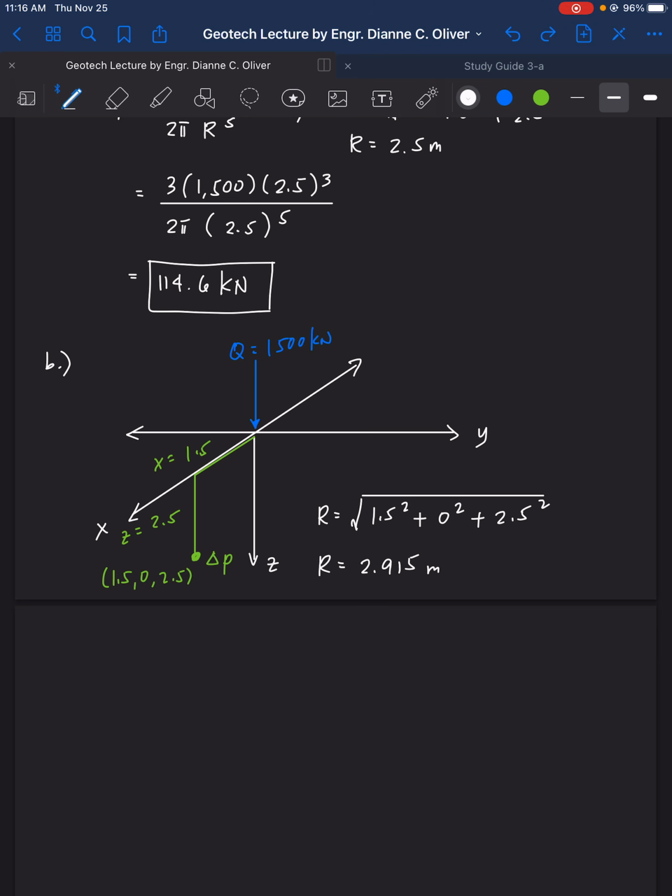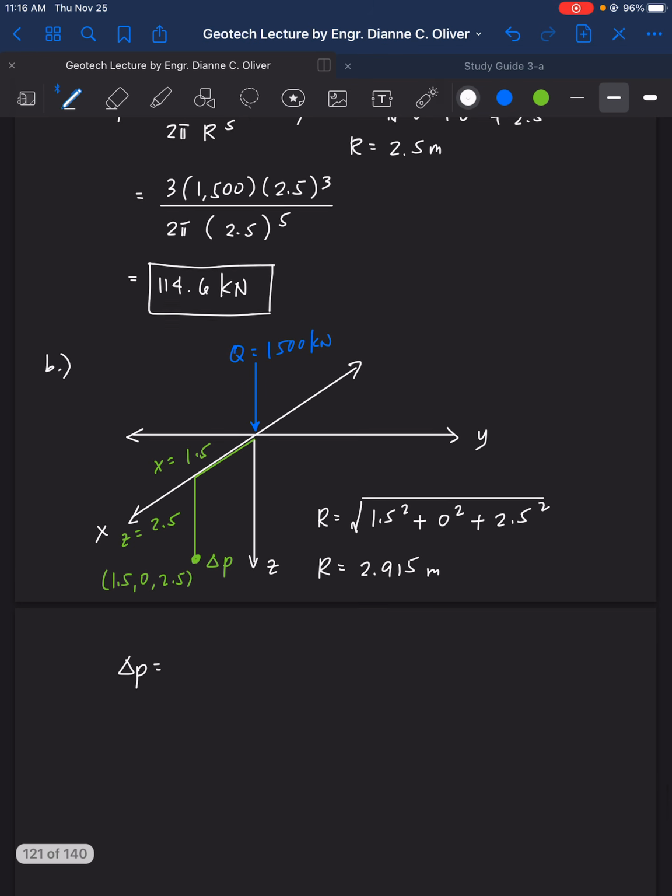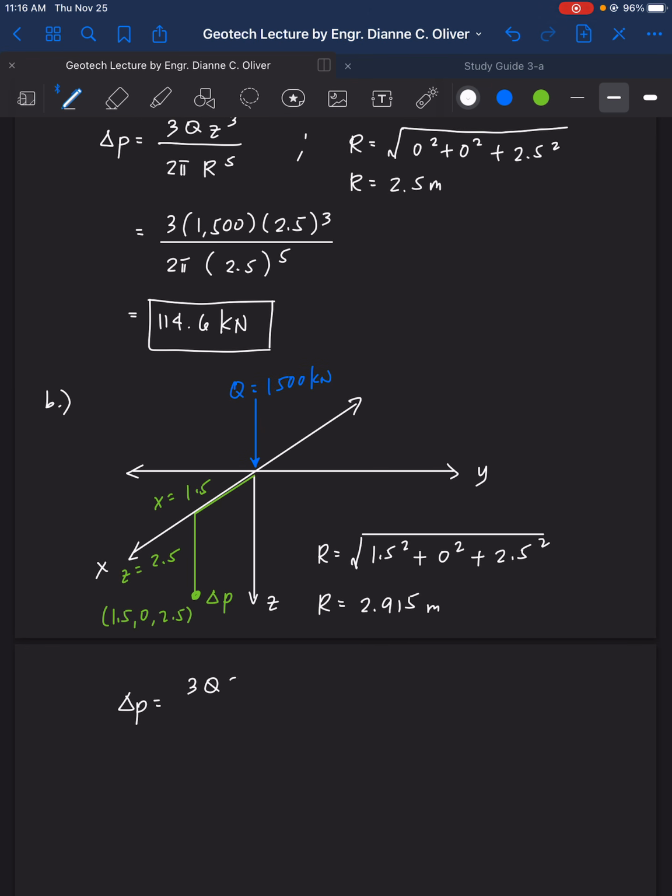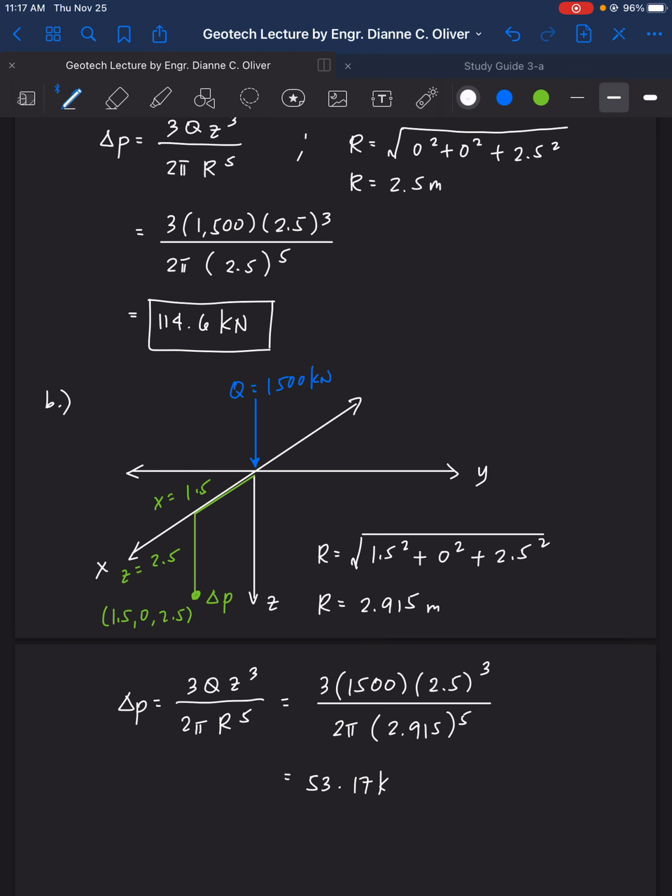Therefore, our delta P is now equal to, again, the formula is 3qz cubed over 2 pi R to the 5. 3 times 1,500, z is 2.5 raised to 3, over 2 pi, 2.915 raised to 5. So delta P is now equal to 53.17 kilonewton.